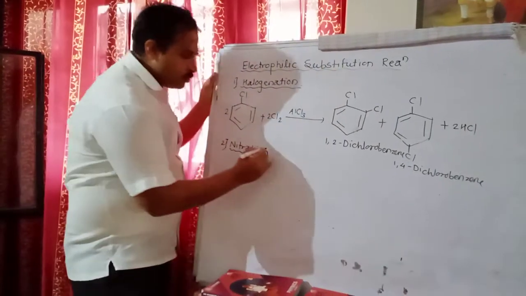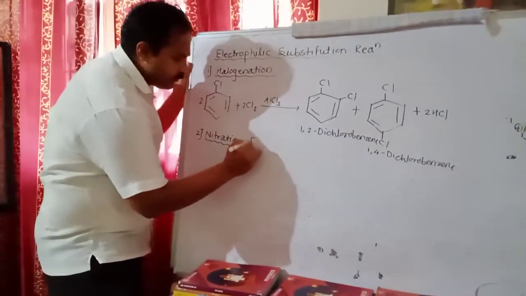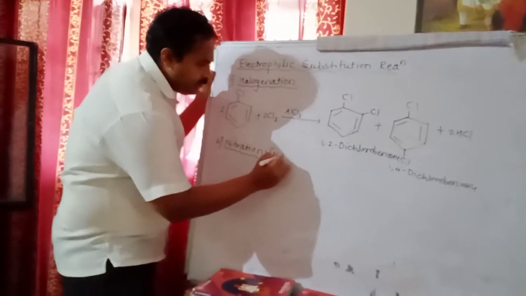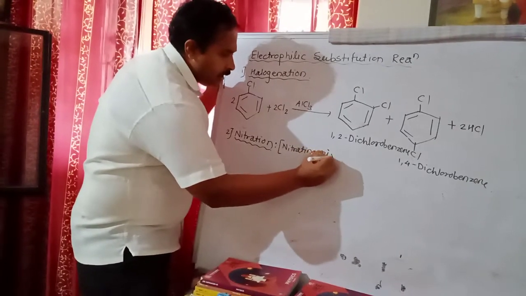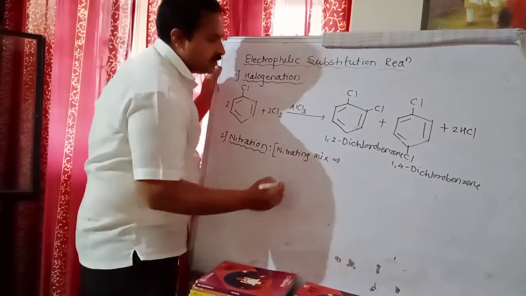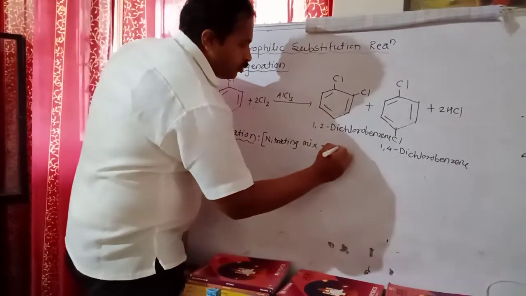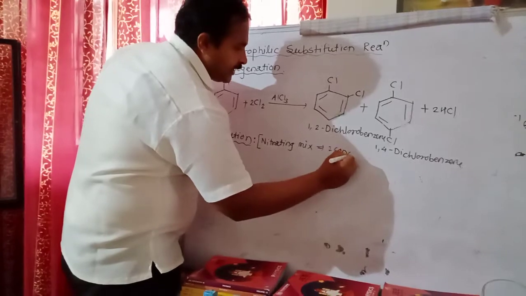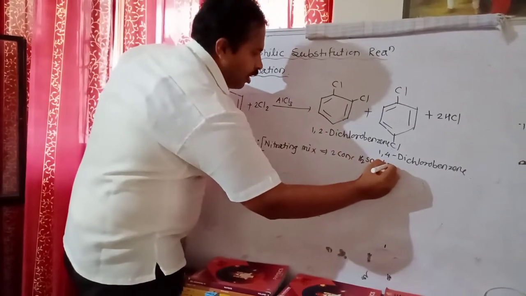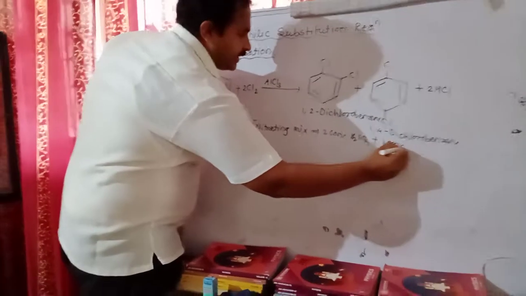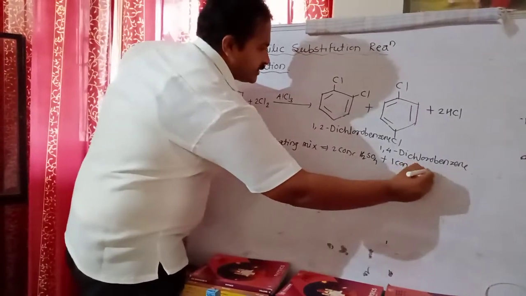Today we are going to discuss a new thing, the nitrating mixture. The nitrating mixture is a mixture of 2 moles of concentrated H2SO4, sulfuric acid, and 1 mole of concentrated nitric acid.